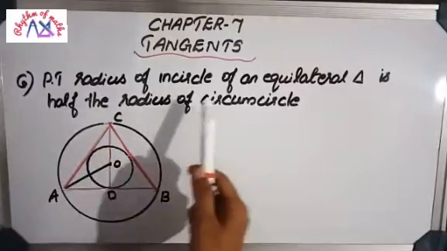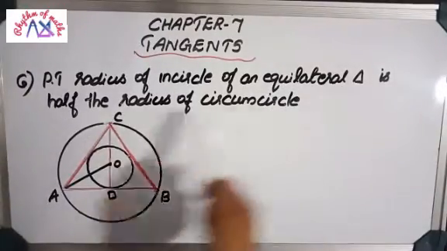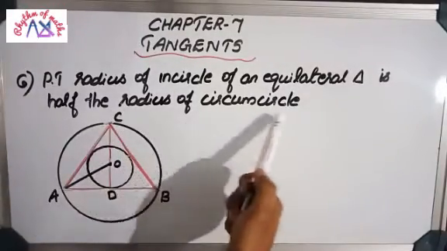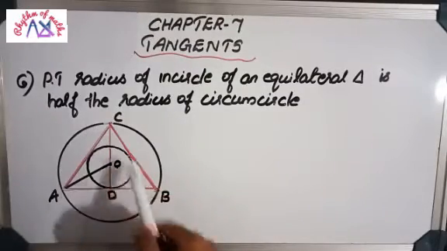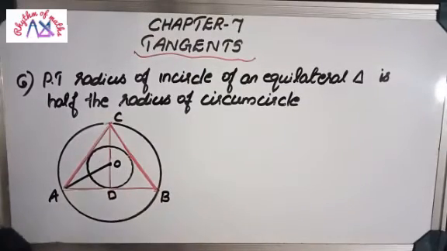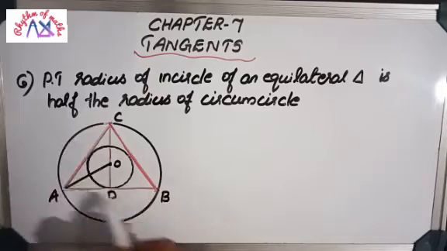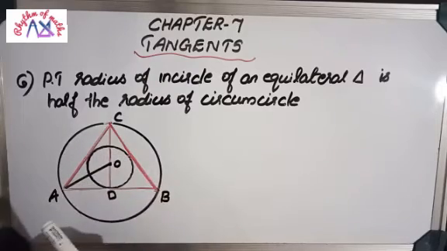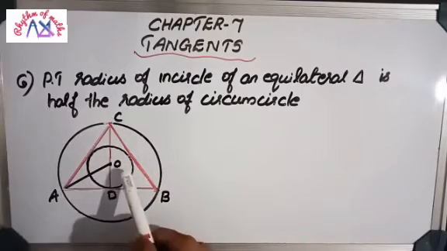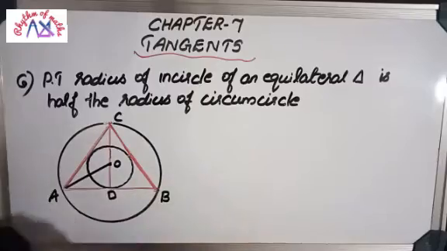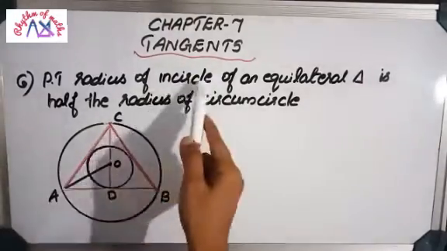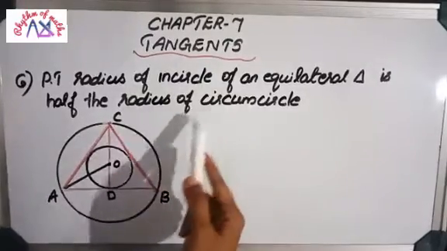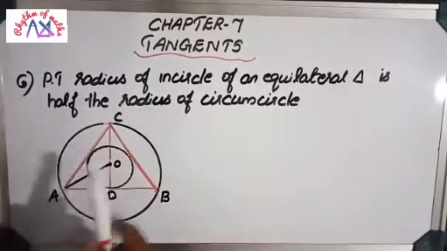Prove that the radius of the incircle of an equilateral triangle is half the radius of the circumcircle. Here the figure is not given. This is a rough figure. Triangle ABC is an equilateral triangle, and the incircle and the circumcircle are both given. We have to prove the radius of the incircle is equal to half of the radius of the circumcircle.